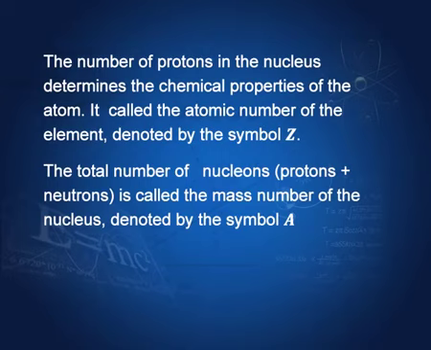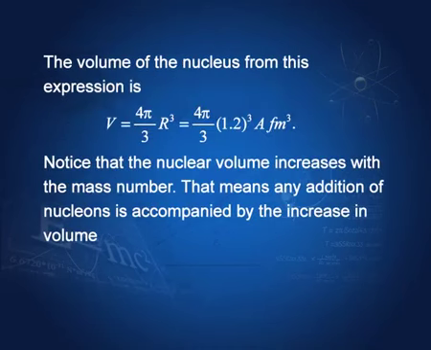It is called the atomic number of the elements, denoted by the symbol Z. The total number of nucleons is the mass number, and I think this is the volume of the nucleus. If we want the relation between mass and volume, it is density.